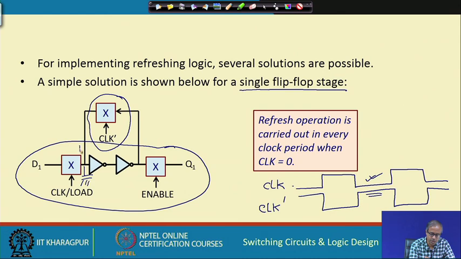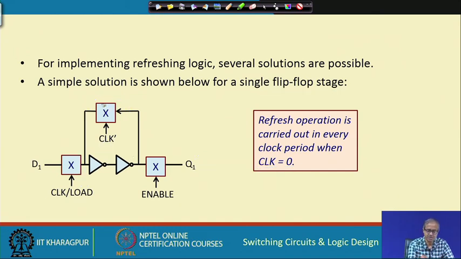If it was 1, this will be 0, this will also be 1, this 1 is fed back, that same value gets charged, and if it is 0, that same 0 will be fed back. In this way, in every clock cycle, for every clock period when clock equals 0, the data is getting automatically refreshed, right. So, by the addition of another 2 transistors we can also have this refresh mechanism.